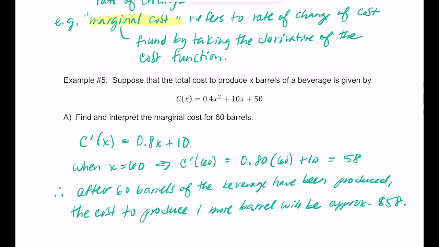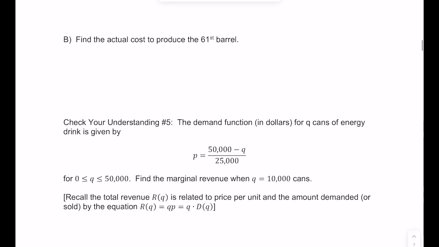Now we want to find the actual cost to produce the 61st barrel. Okay, so what we need to do now is find the difference between the 61st and the 60th. So all we need to do is take our function and we're going to plug in those values and subtract.